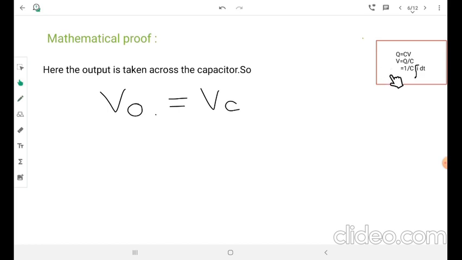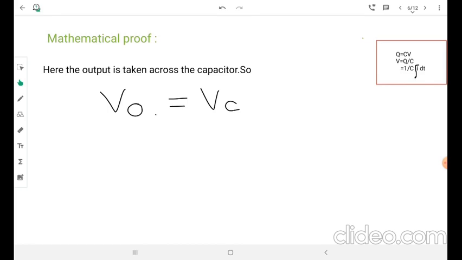For a capacitor, the common equation is Q equal to CV, where Q is the charge, C is the capacitance, and V is the voltage drop across the capacitor. So we can write V equal to Q by C. Q means integral of I dt, charge in terms of current.